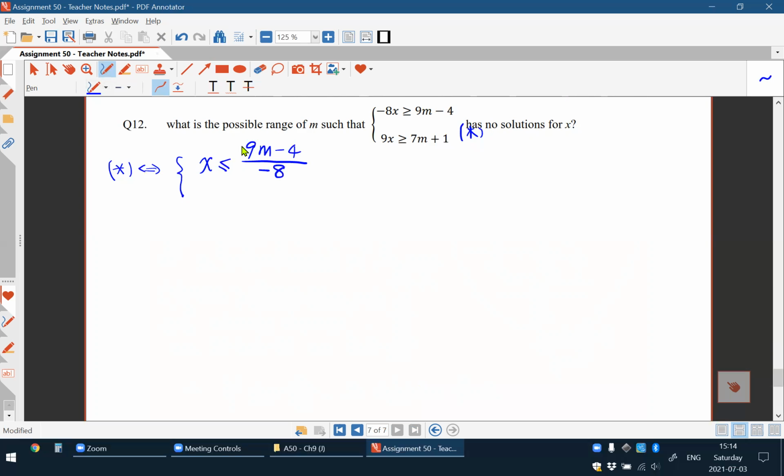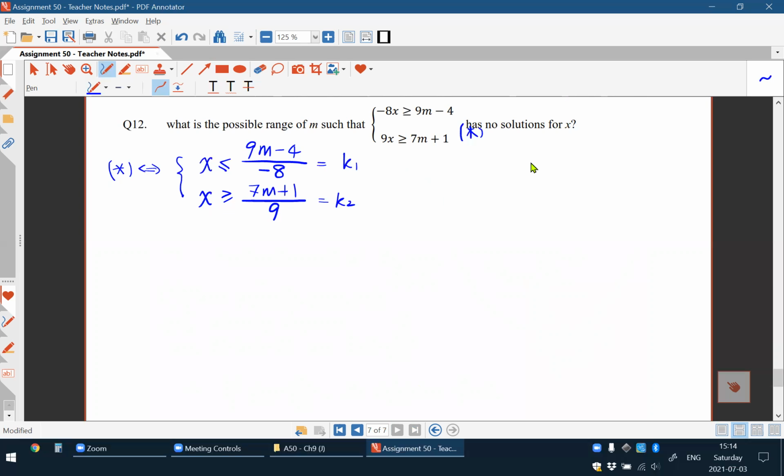Remember here, we divide both sides by minus 8. Minus 8 is negative, so we need to change the direction of the inequality symbol, right? And next, we can have x is greater than 7m plus 1 over 9, right? Okay, again, let's call this K1, and this is K2, right?